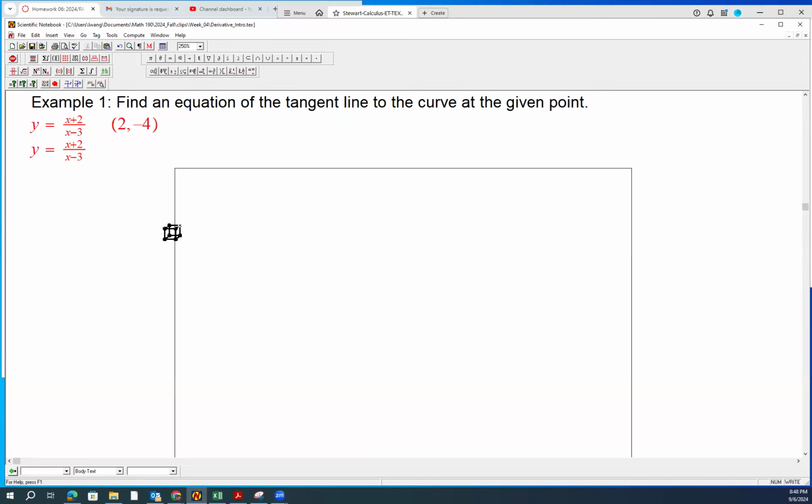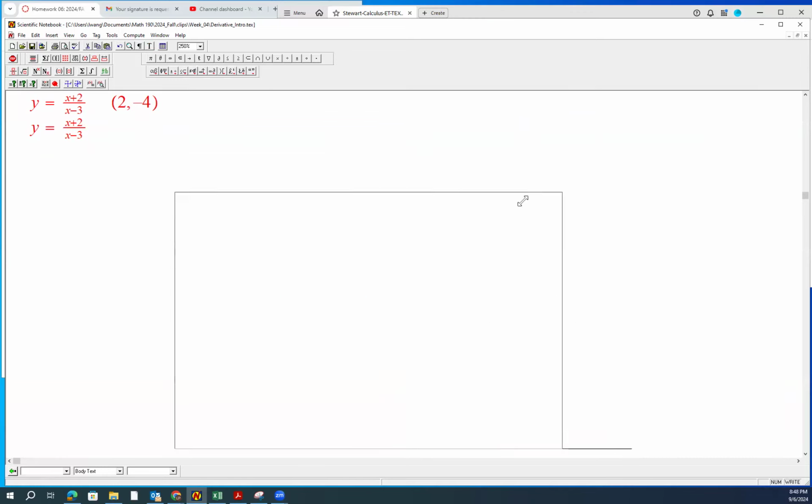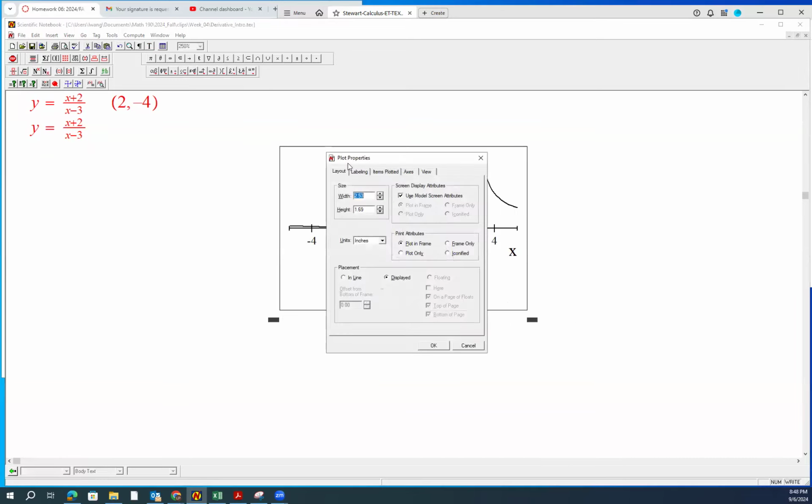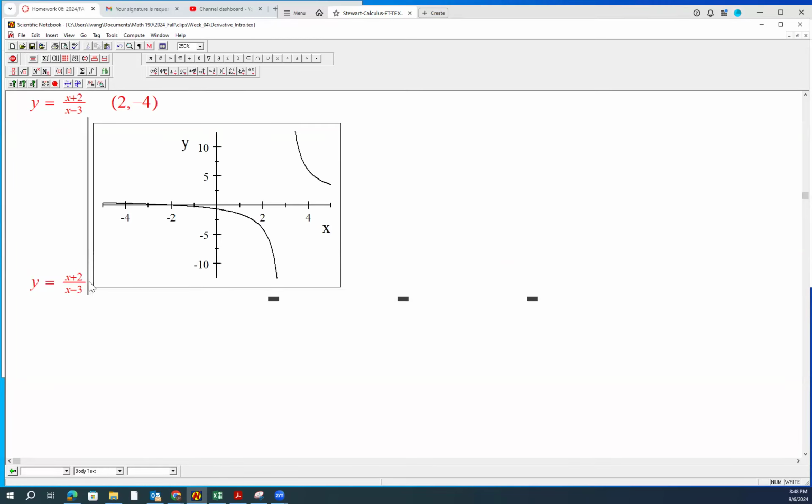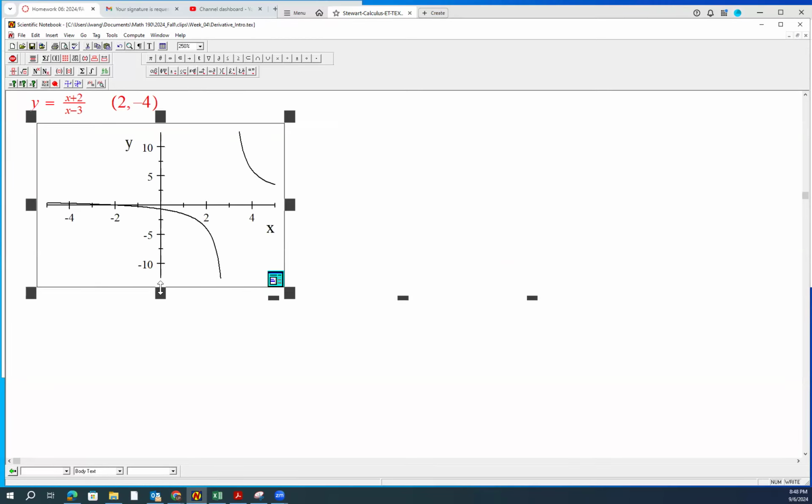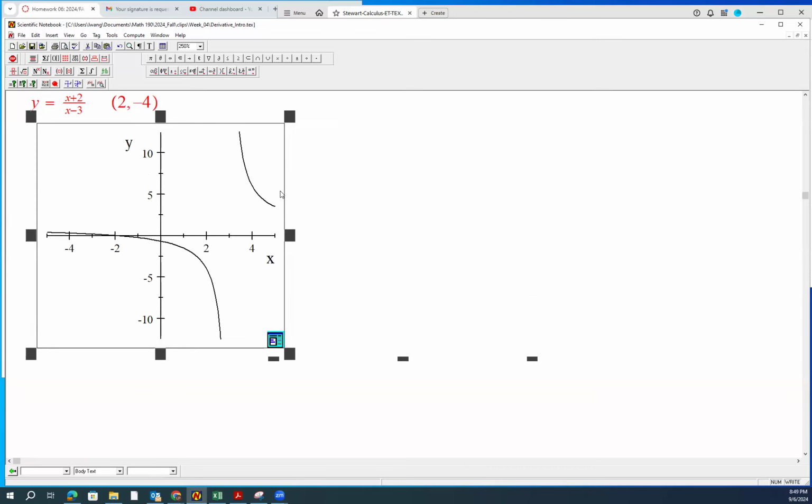So we're going to graph the curve, and the point of our interest is (2, -4).